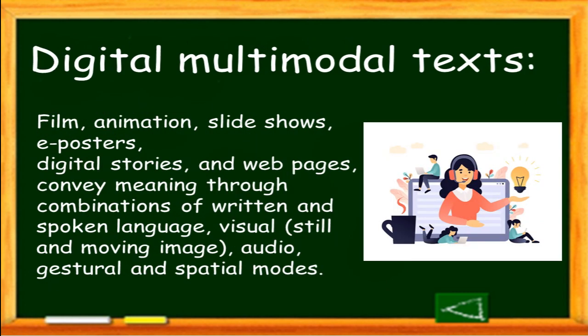Digital multimodal texts such as film, animation, slideshows, e-posters, digital stories, and web pages convey meaning through combinations of written and spoken language, visual or still and moving image, audio, gestural, and spatial modes.